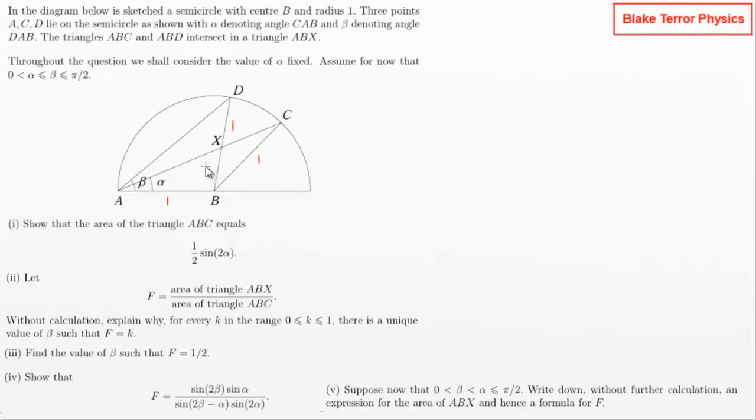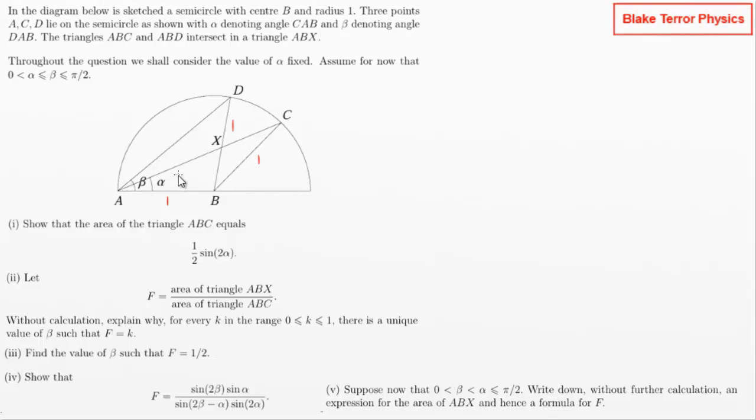Three points A, C, D lie on the semicircle as shown, with alpha denoting the angle CAB and beta denoting angle DAB. Triangles ABC and ABD intersect in a triangle ABX.